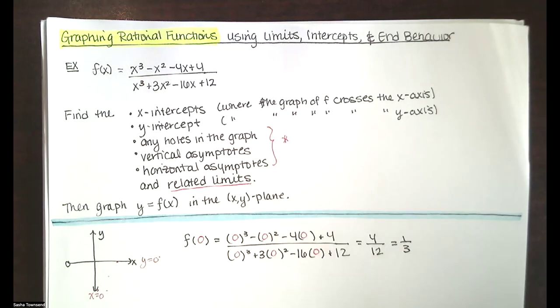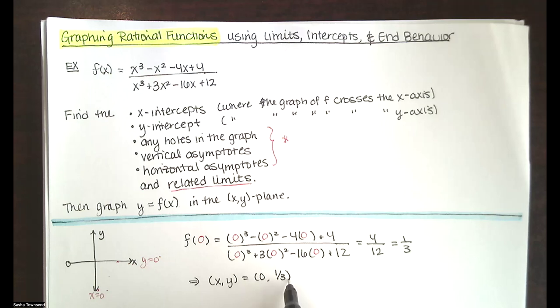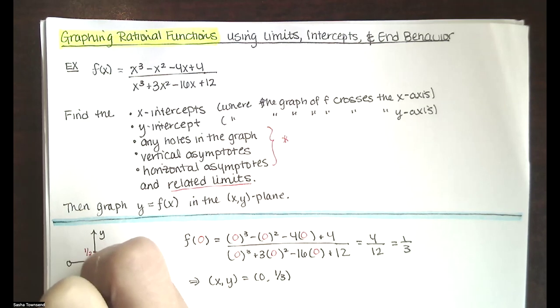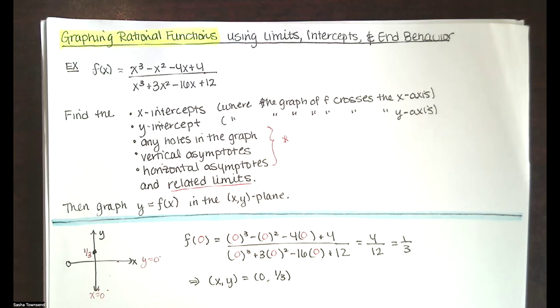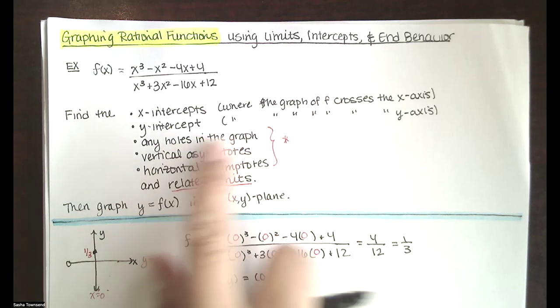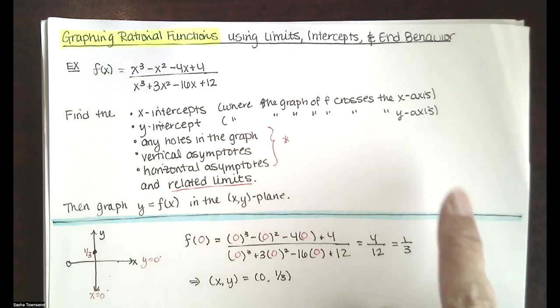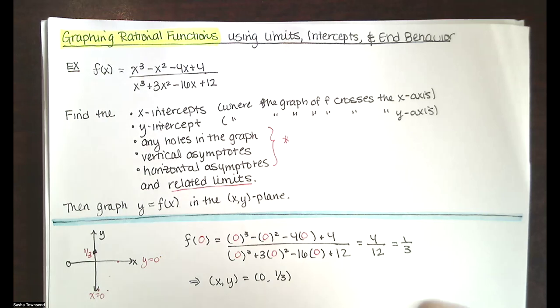So at x equals 0, y equals 1/3. That means the point x equals 0, y equals 1/3 is on our graph. In other words, our graph is going to cross the y-axis at 1/3, at a particular point right there. Sorry, this is the y-intercept.